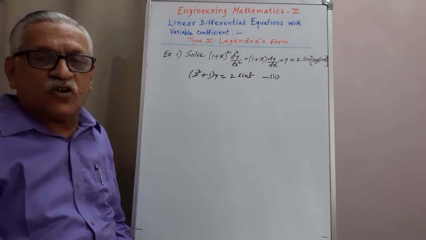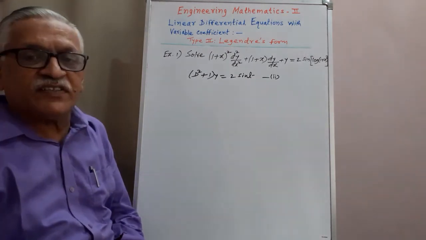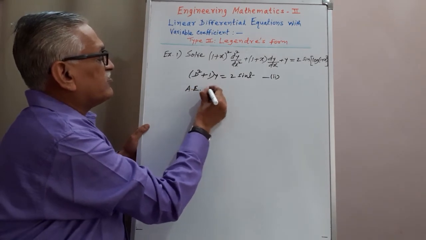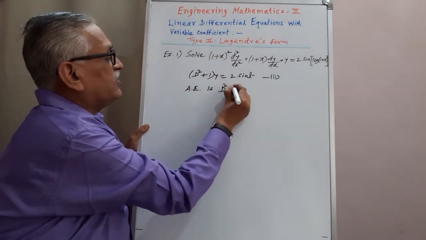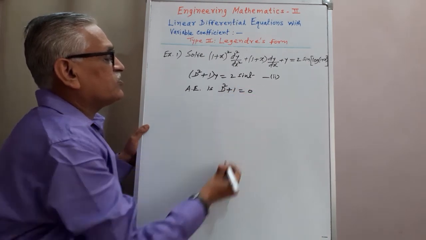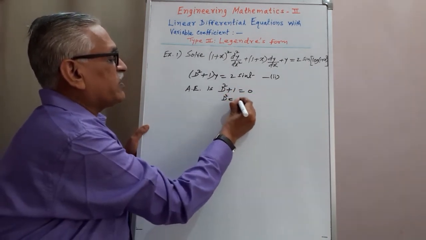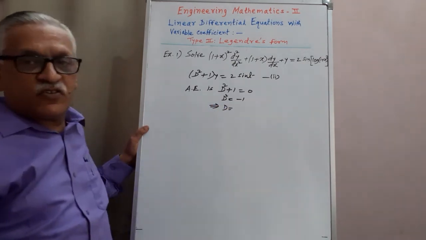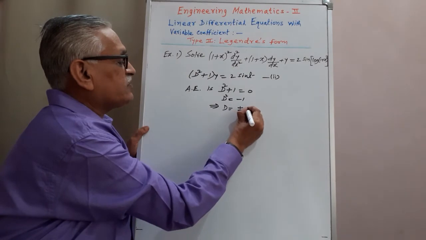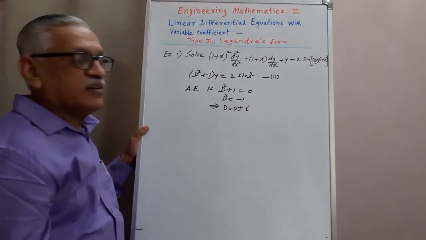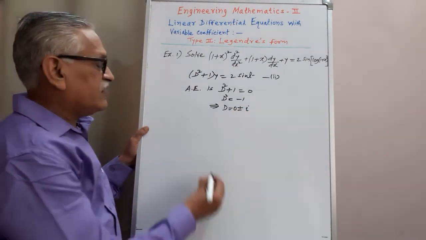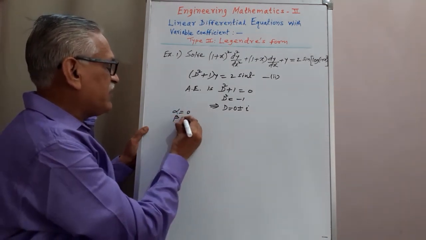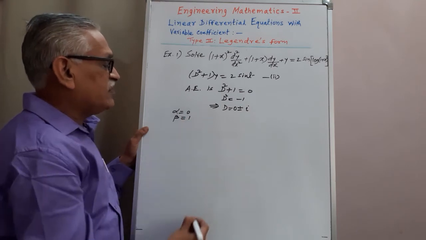For CF, the auxiliary equation is D square plus 1 equals 0, D square equals minus 1, which implies D equals square root of minus 1, plus minus i. Roots are imaginary with alpha equals 0, the real part, and imaginary part beta is 1.